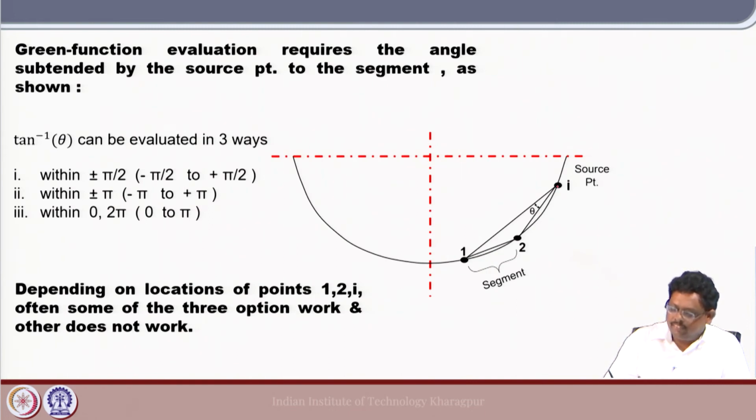If this is the source point and this is your angle, this angle might lie either from minus pi by 2 to pi by 2, or minus pi to plus pi, or 0 to pi. All three are possibilities.